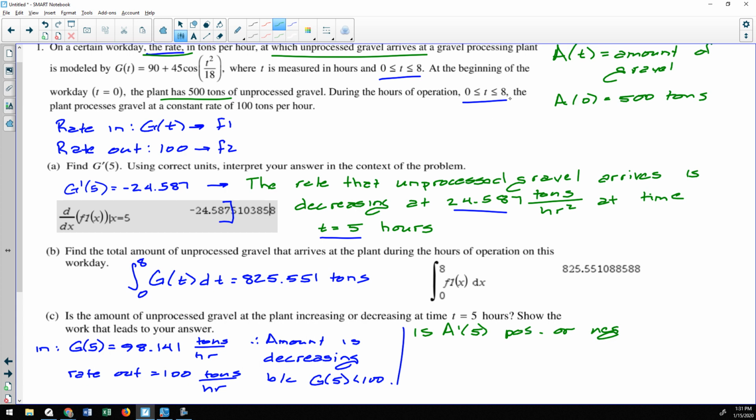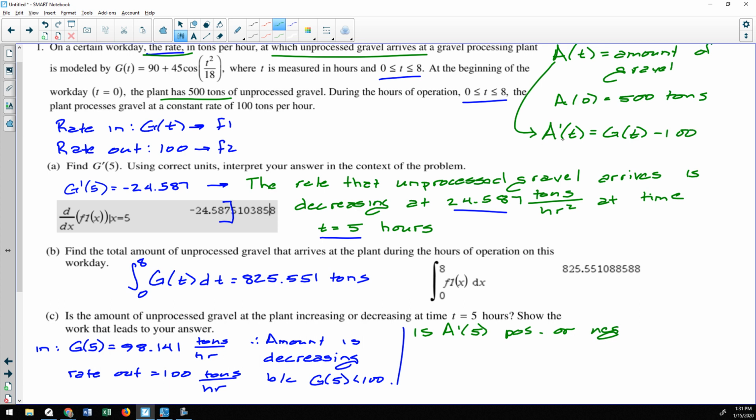The problem is I don't have a function defined for A, but if you know the rate in and the rate out, the overall rate of change will always be the rate in, which in this case is G of t, minus the rate out, 100.